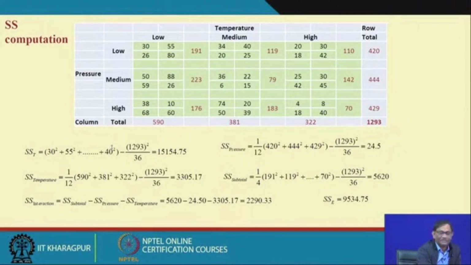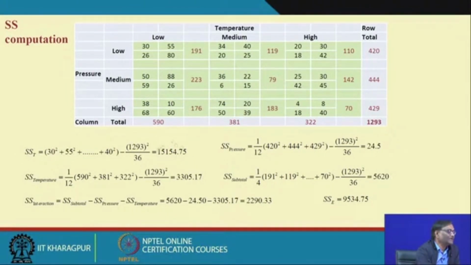Once the totals are known, you are in a position to compute the SS because you have seen the formula. What is SST? SST is the sum of squares of all the observations. Here a equal to 3, b equal to 3 and n equal to 4, so 3 cross 3 cross 4 is 36. All 36 original experimental values are squared, and then we take the sum minus the grand total, which is 1296, squared and divided by abn, that is 36.